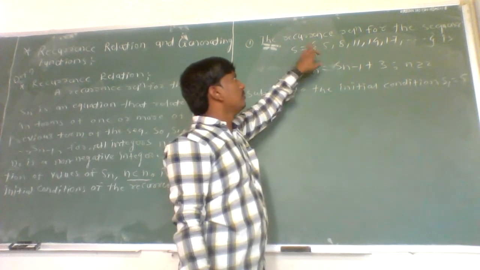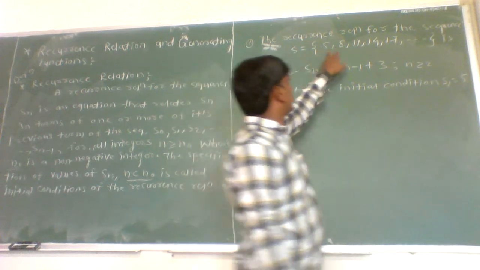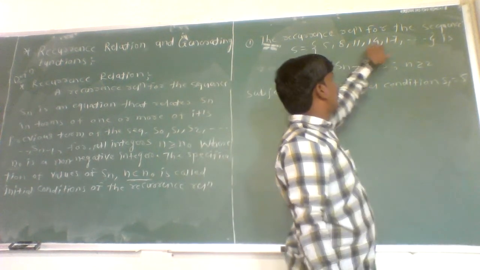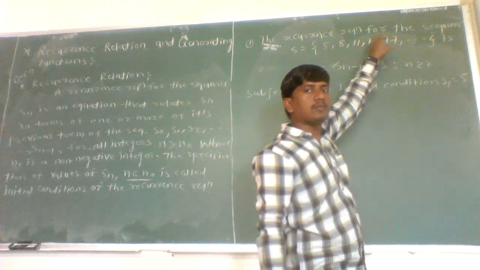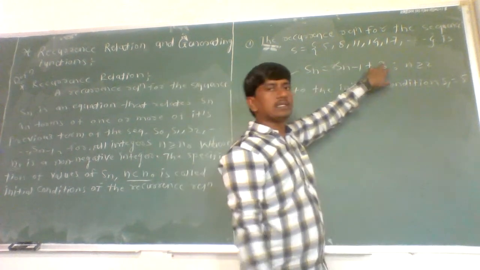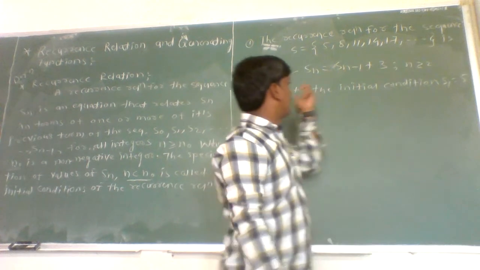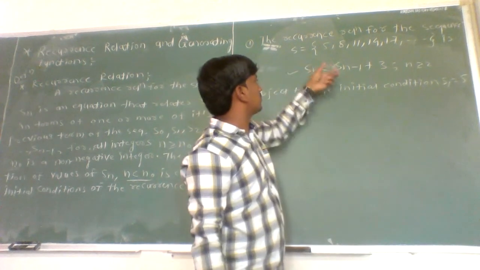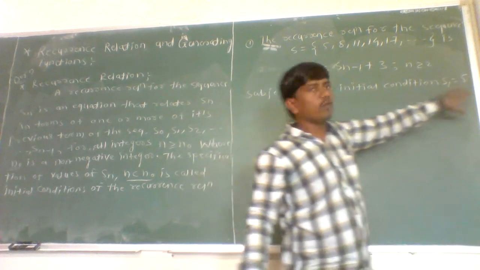So if S is a sequence of the form 5, 8, 11, 14, 17, each term differs by 3, so Sn can be written as Sn minus 1 plus 3, where n is greater than or equal to 2. The initial condition is S1 equal to 5.